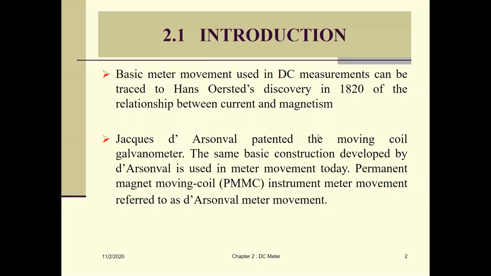So that is the basic concept of the relationship between current and magnetism. For example, if you want to see the magnetic field based on the current flow, say the current flows from here to here, the magnetic field will follow the fingers, like this. That is what we call the thumb rule.